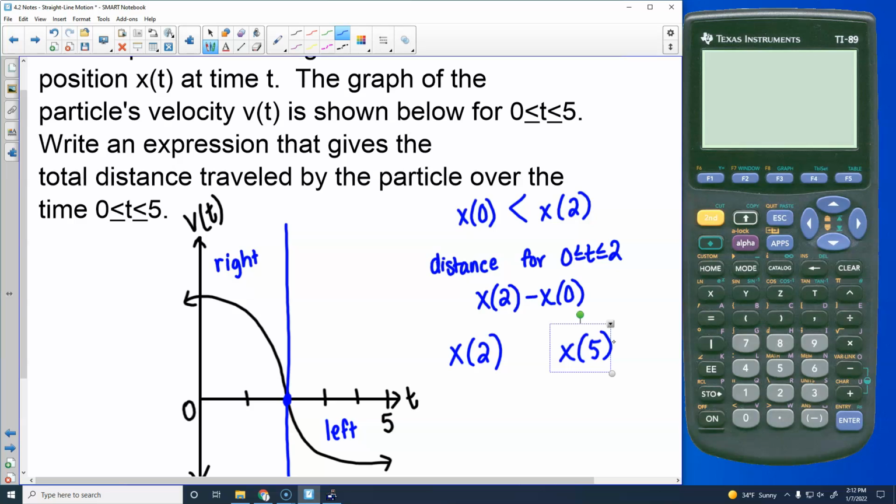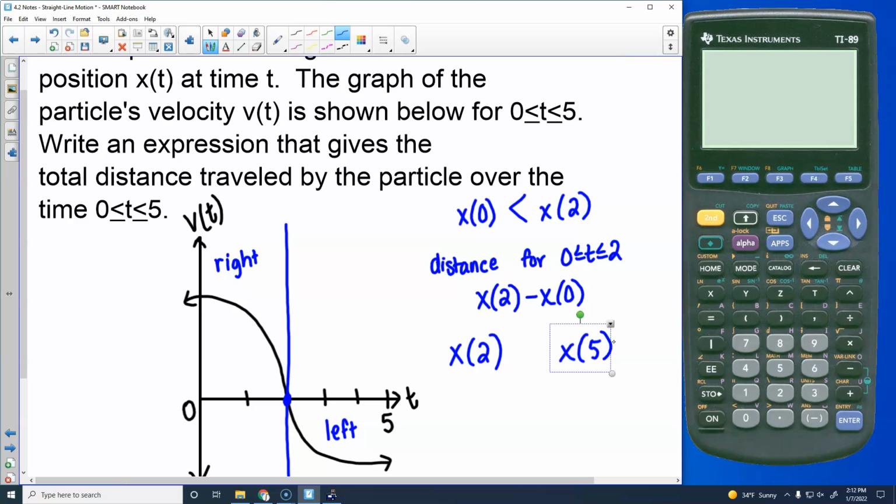This is our x of 0. I'm just making up numbers to demonstrate what's happening here. We know this particle from 0 to 2 is going to travel to the right. Let's say maybe it ends up here. So this is x of 2. This is where we're at time equals 2.